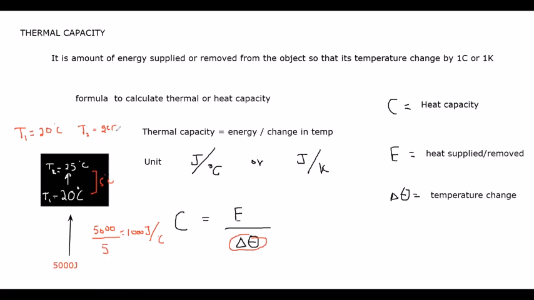So what is the change in temperature? The difference, 25 minus 20, is equal to 5. That's why I substituted 5 here. So the concept of thermal capacity shows that this object requires 1,000 joules to change its temperature by 1 degree centigrade.